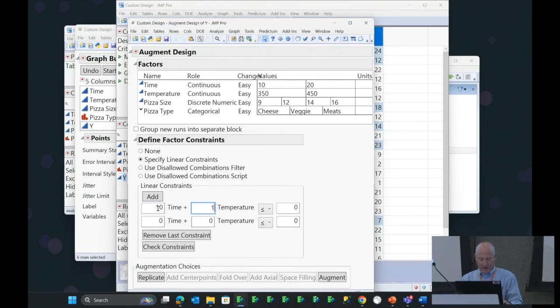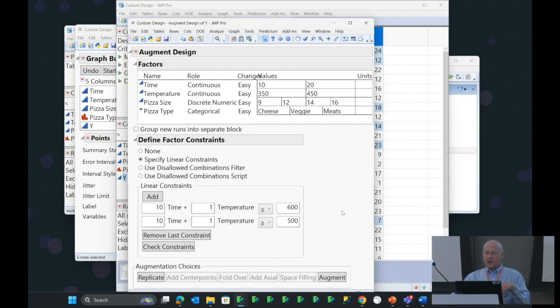One was for the high. I'll just use the 600 this time, and the 500 here. I need to flip that inequality. So this is now saying add on to the existing trials that worked, but don't pick anything in the upper right or the lower left corner of the time temperature part of the space.